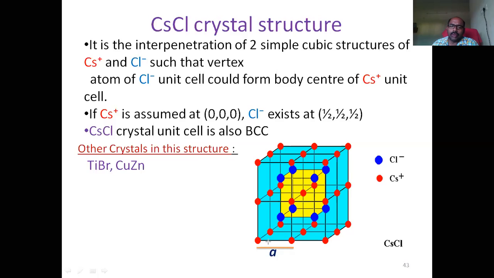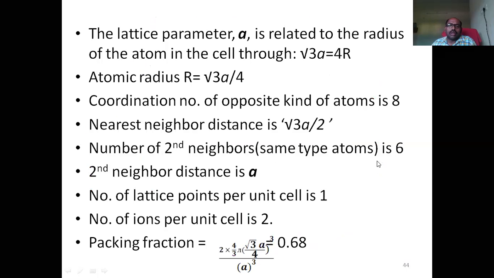So the coordination number is 8, and its nearest neighbor distance is root 3a by 2.